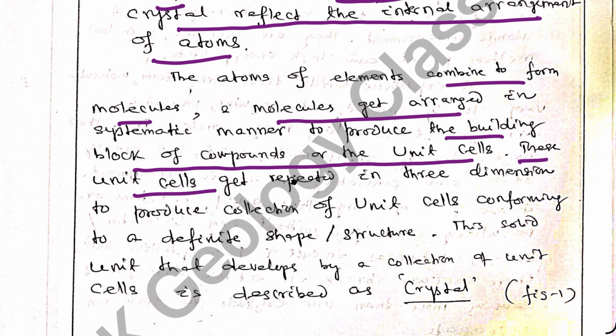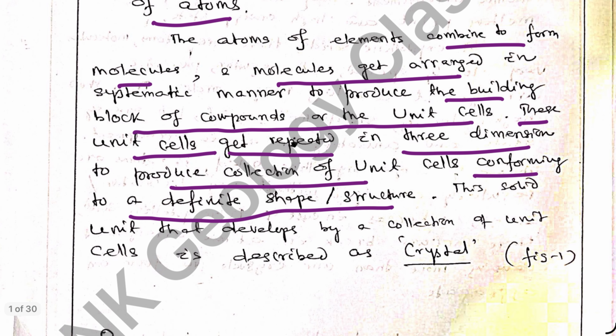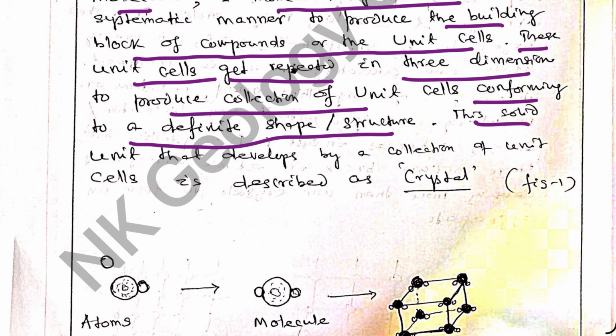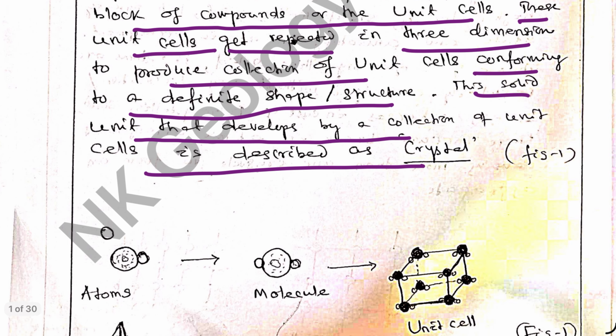So these unit cells are the smallest units that get repeated in 3 dimensions to produce a collection of unit cells which conform to a definite shape and structure, and this solid that comes into picture due to the collection of unit cells is described as a crystal.